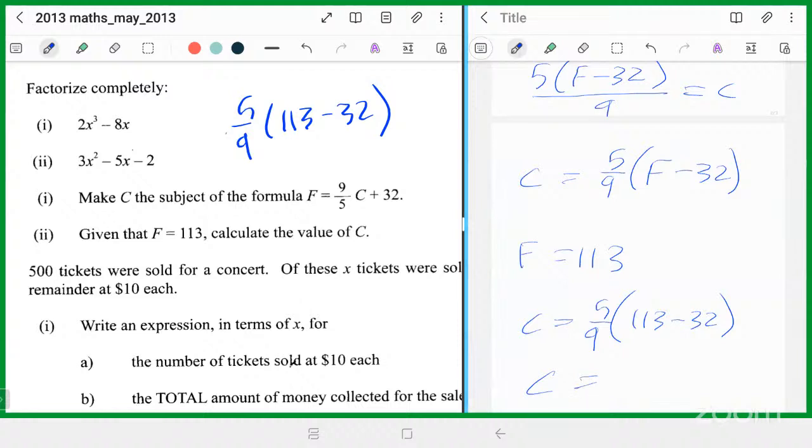This is the conversion between degrees Celsius and Fahrenheit, by the way.